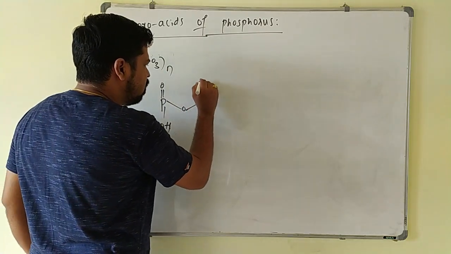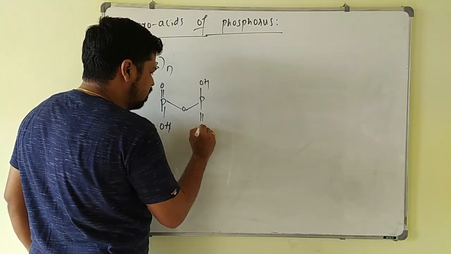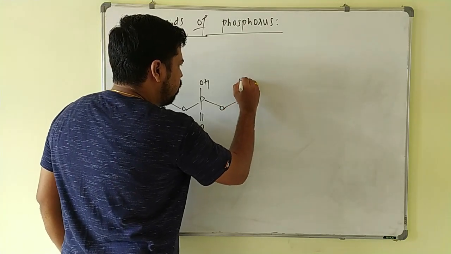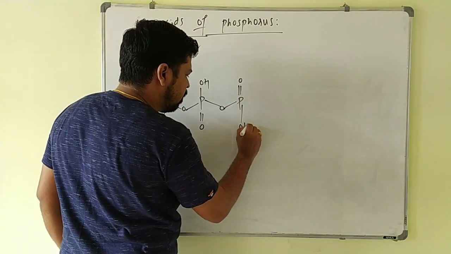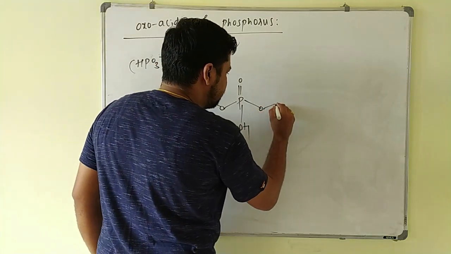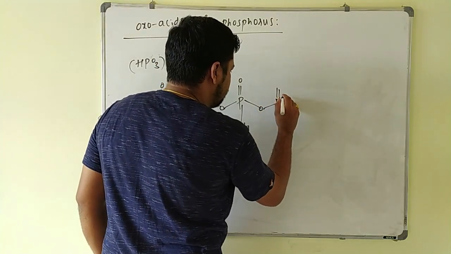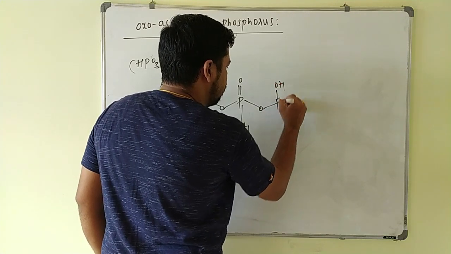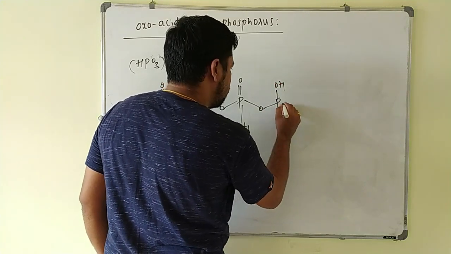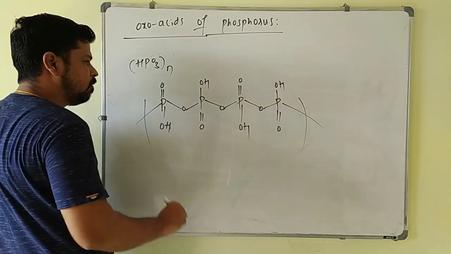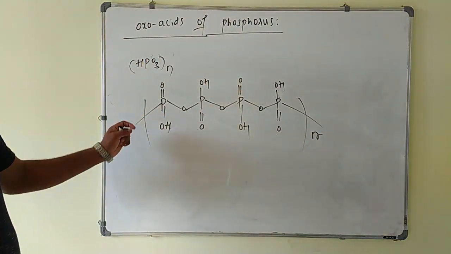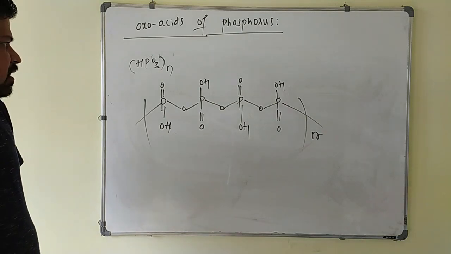Now you write at the top OH, again double bond oxygen, again phosphorus is connected, again double bond oxygen at the top, OH coming below. Like this you have to connect the number of phosphorus atoms. This is OH and again it is double bond O. So this is the polymeric structure of polymetaphosphoric acid. It has a linear polymeric structure.